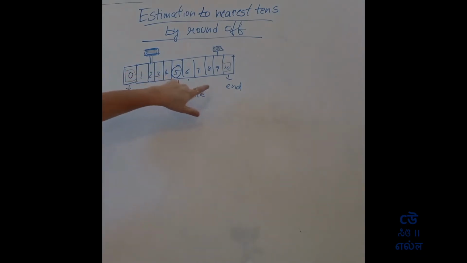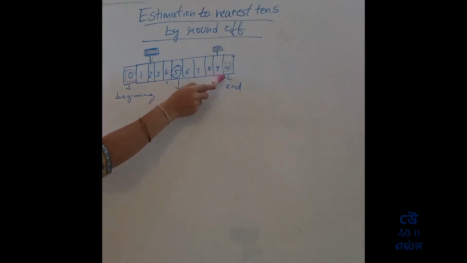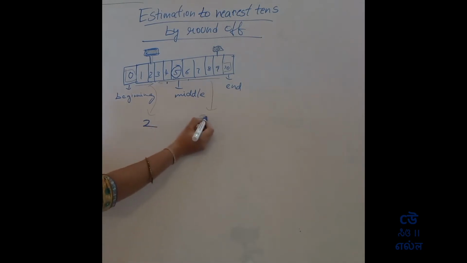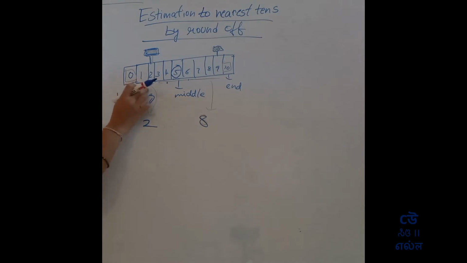If you count from the end, how many positions is it far? 1, 2, 3, 4, 5, 6, 7, 8. 8 positions. Here we got 2 positions far, and here we got 8 positions far. Understood, children? From this side, we got 2 as the second position.